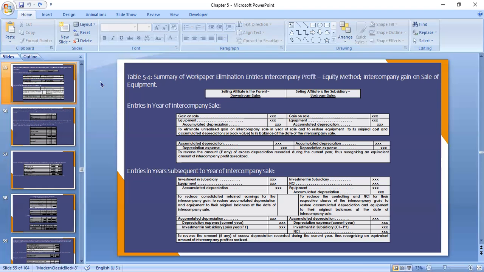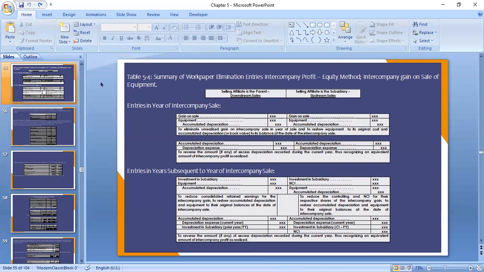If the subsidiary, we still have the same entry, but the explanation is to eliminate unrealized gain on intercompany sale in the year of sale and to restore equipment to its original cost and accumulated depreciation, or book value, to its balance at the date of the intercompany sale.